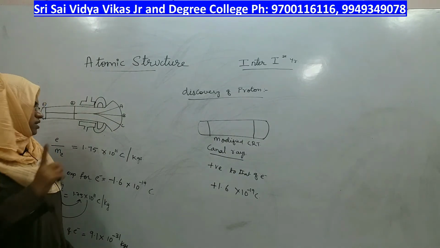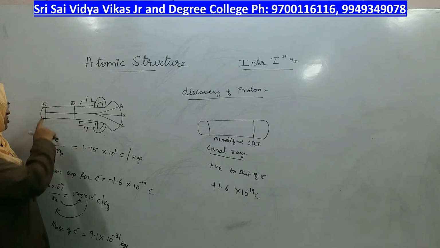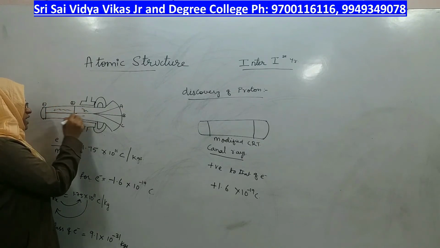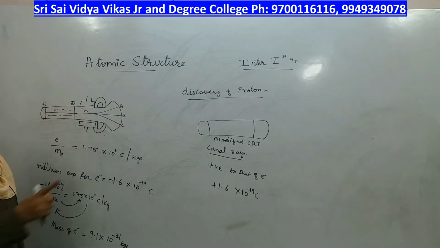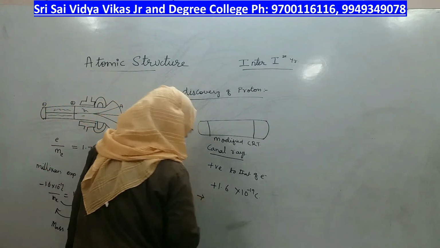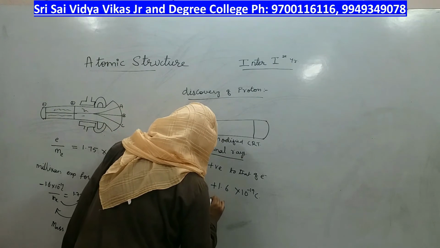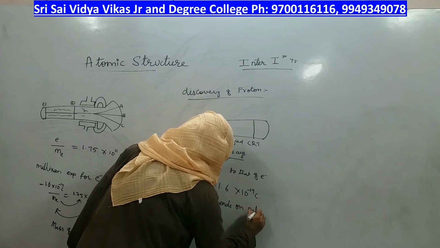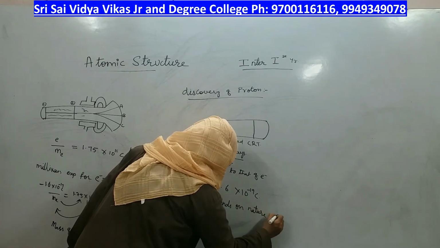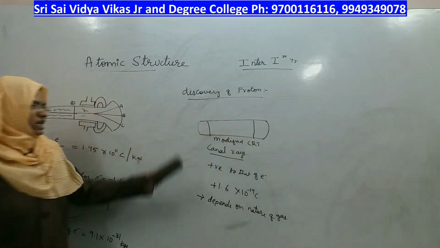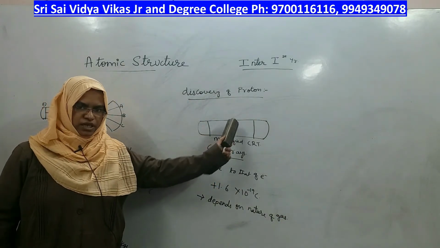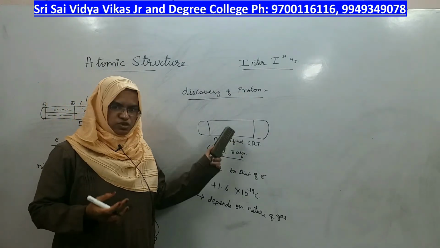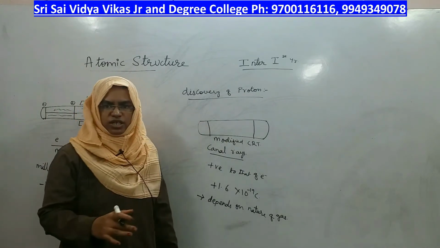We have seen that the electron's behavior was independent of the nature of the electrode, and independent of the nature of the environment present inside the tube. But the proton's behavior depends on the nature of the gas present inside, because whatever gases are present inside this tube, when you start the experiment, the voltage you give will make the gas get converted into gas ions.